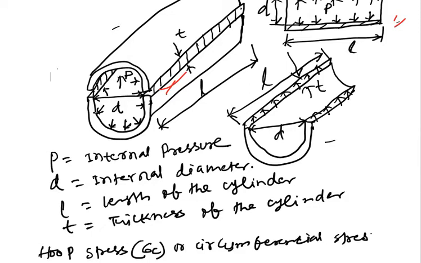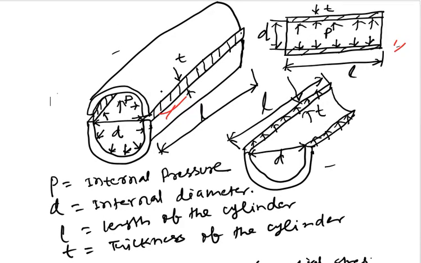If you cut over here, then you will get the same view. If you cut over here, then you will get the same view. So how can we calculate the circumferential stress of the cylinder?